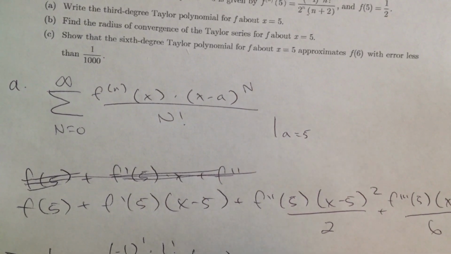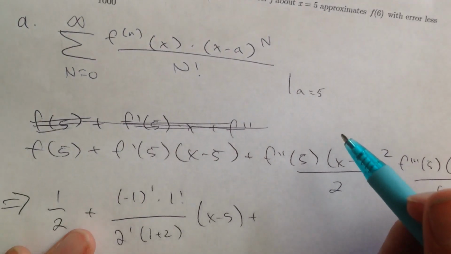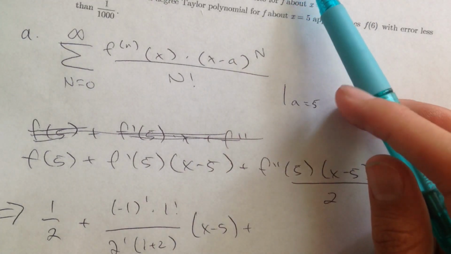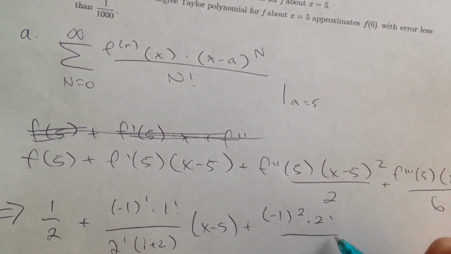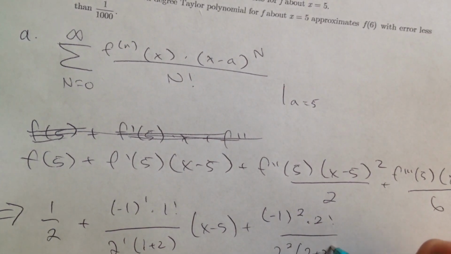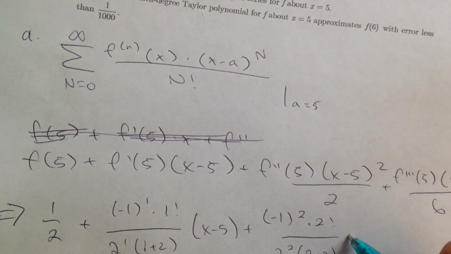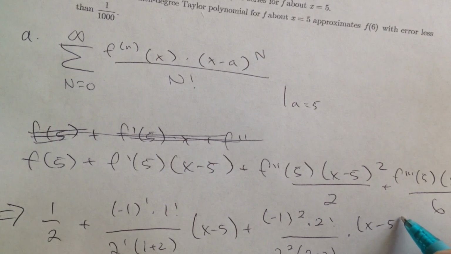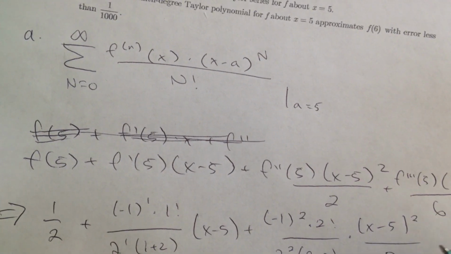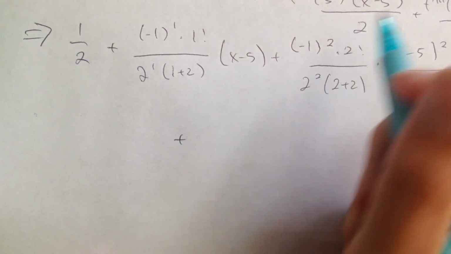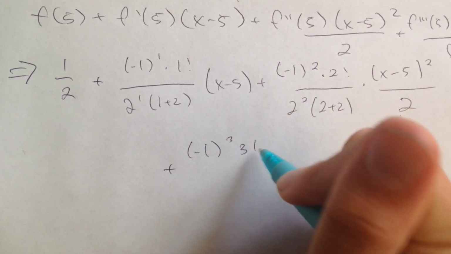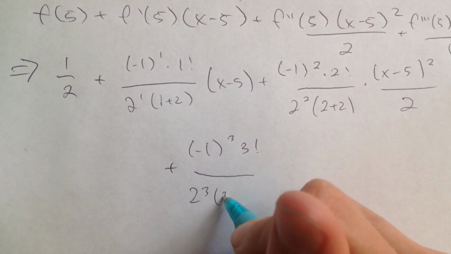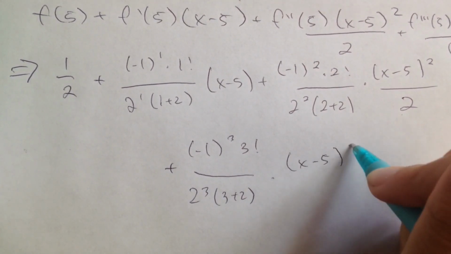So we have that times x minus 5 plus our second derivative, which is going to be negative 1 squared times 2 factorial over 2 squared times 2 plus 2, times x minus 5 squared over 2, and then we're going to add that to f triple prime of 5, which we should know is negative 1 cubed times 3 factorial all over 2 cubed times 3 plus 2 times x minus 5 cubed over 6.